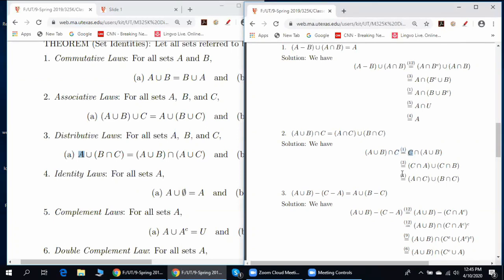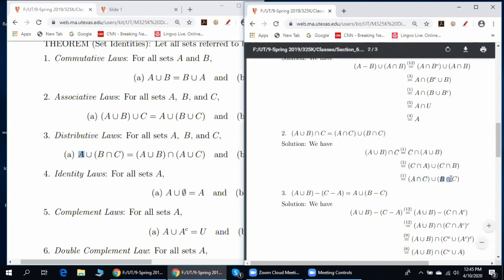Put C first. Then we apply distribution law. C intersection A union C intersection B. And lastly, commutativity again. We switch positions over here and positions over here. Done.